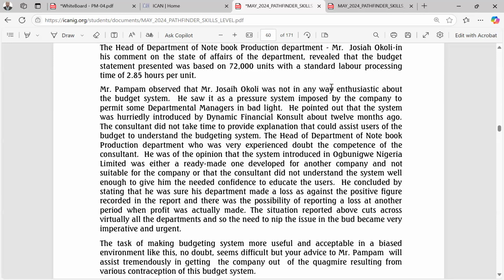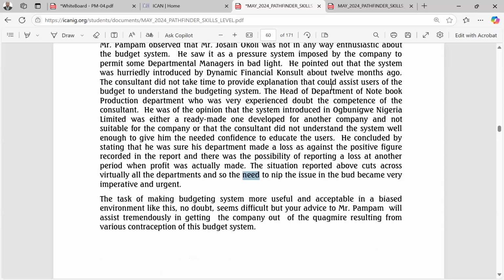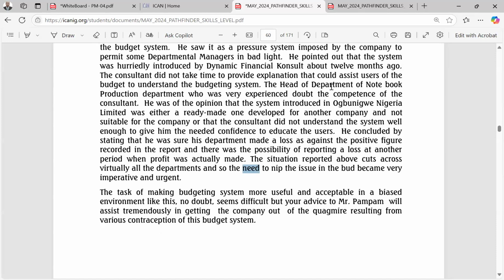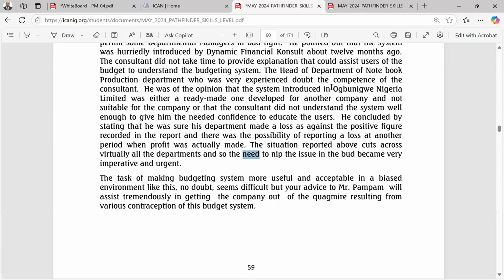He concluded by stating that he was sure the department made a loss as against the positive figure recorded in the profit, and there was a possibility of reporting a loss at another period when profit was actually made. We will check. The situation reported above cut across virtually all departments, and so the need to nip the issue in the bud became very imperative and urgent.